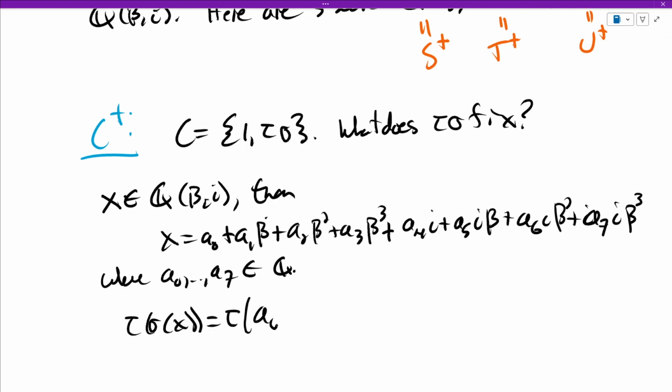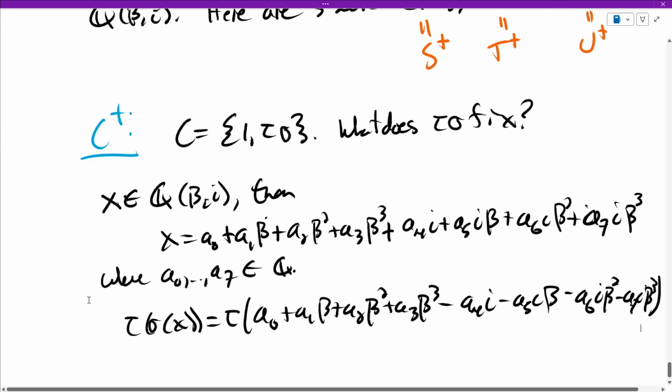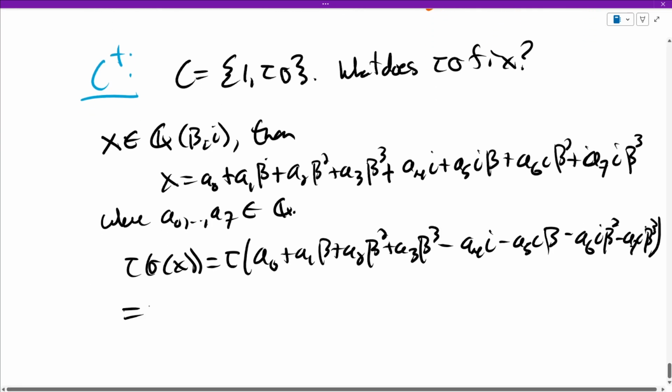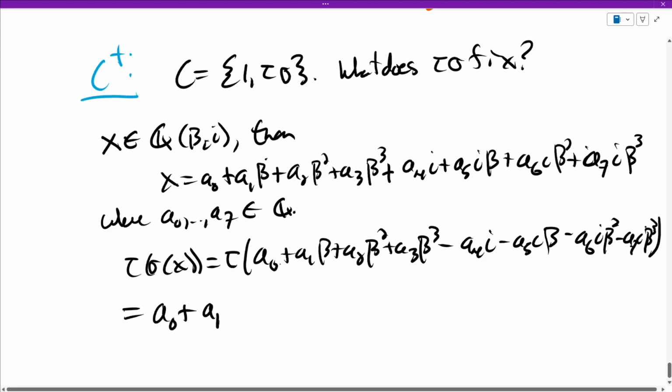So when we do that, this real part's fixed, and then the other portion is negated. Now what does tau do? Tau fixes the I's and sends beta to I beta. So I'm going to fix the rationals and the I's, and every beta I'm going to replace with an I beta.